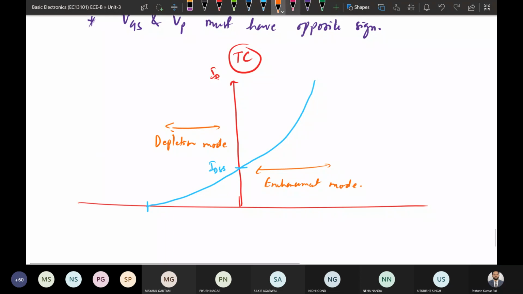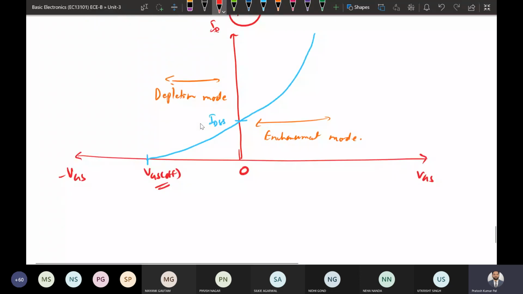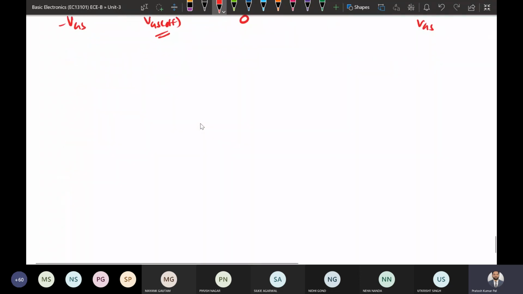And this is your plot, this is VGS that is positive, and this is VGS in the negative direction, and this is your VGS off, and this is 0. So this is the overall transfer characteristics of depletion type N MOSFET operating in both depletion and enhancement mode. Okay, so next one is the output characteristics in both the cases.